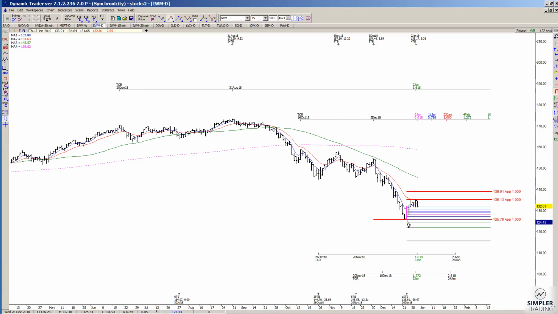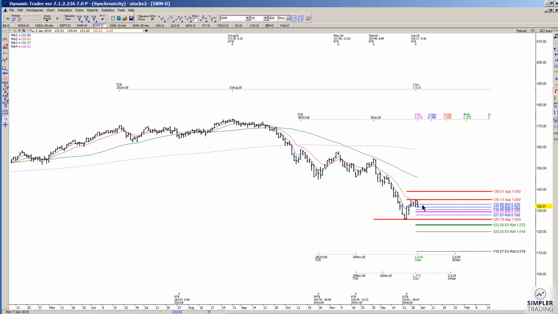So we would take the low to the high, and then we'd know that our target, if you get the full move off of this resistance, is 123.26. When are we wrong? We are wrong if it takes out this last high. Okay, so the risk to reward is pretty good, because if it plays out, we're looking for this, and if it doesn't, we're not risking a ridiculous amount.